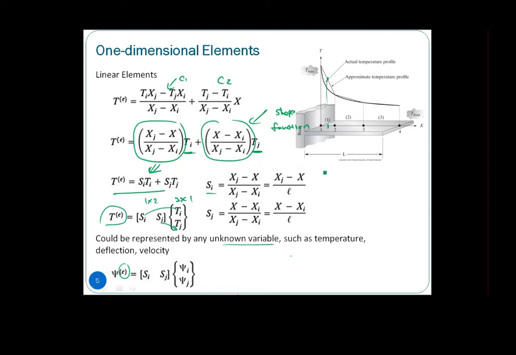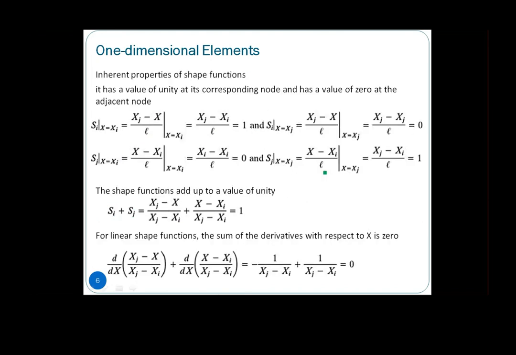So that is the representation of our elemental matrix under linear elements. To look into these shape functions, there are some properties or characteristics inherently. They have a value of unity at their corresponding node, and a value of 0 at the adjacent nodes. So the shape function at node I, when x equals xi, is 1.